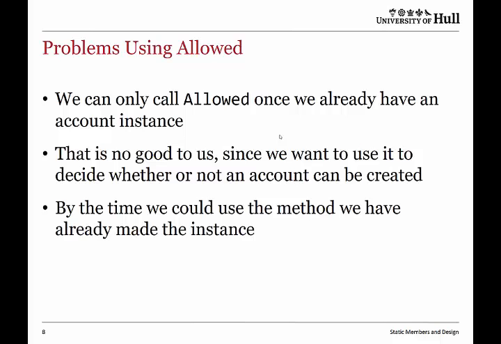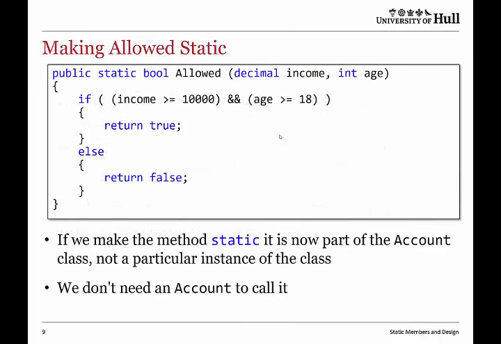Now, there's no way the outside world can guess whether an account's allowed or not. It has to call that method to find out. So what I do is I make the method static. Now this means I don't need an account to actually call the method and test whether or not the account is allowed. Does that make sense?